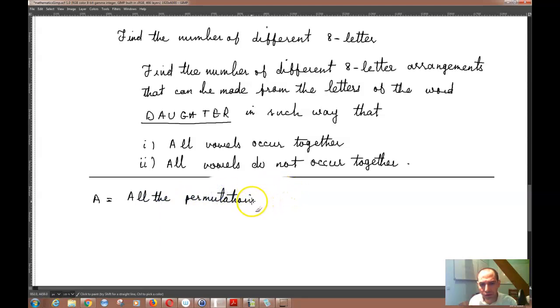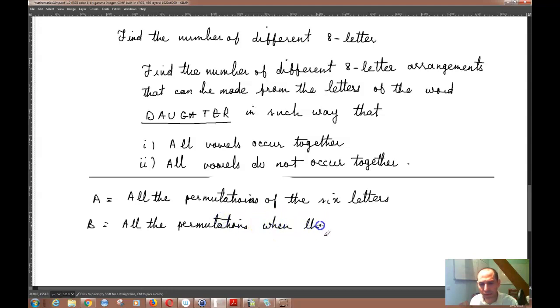And then B, for example, you can calculate all the permutations when the vowels occur together.